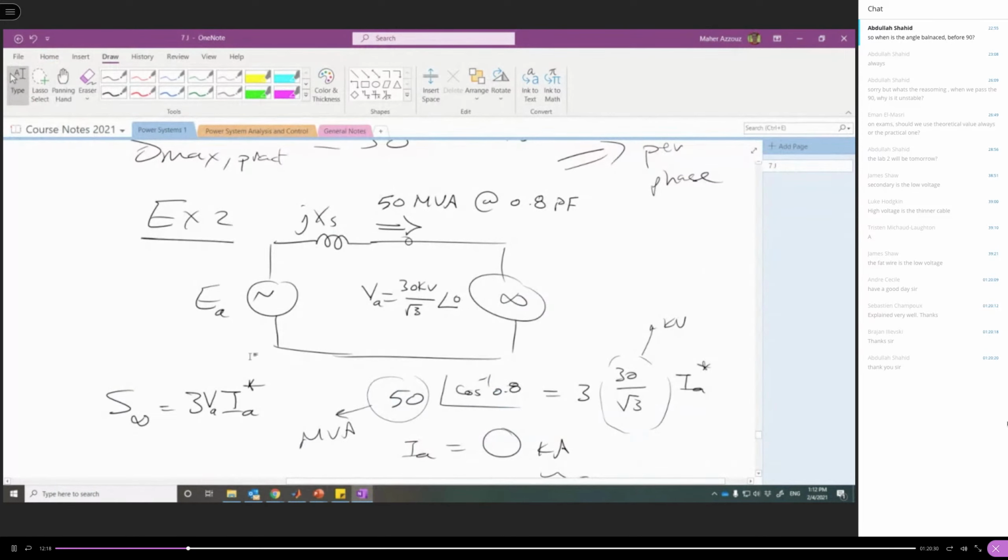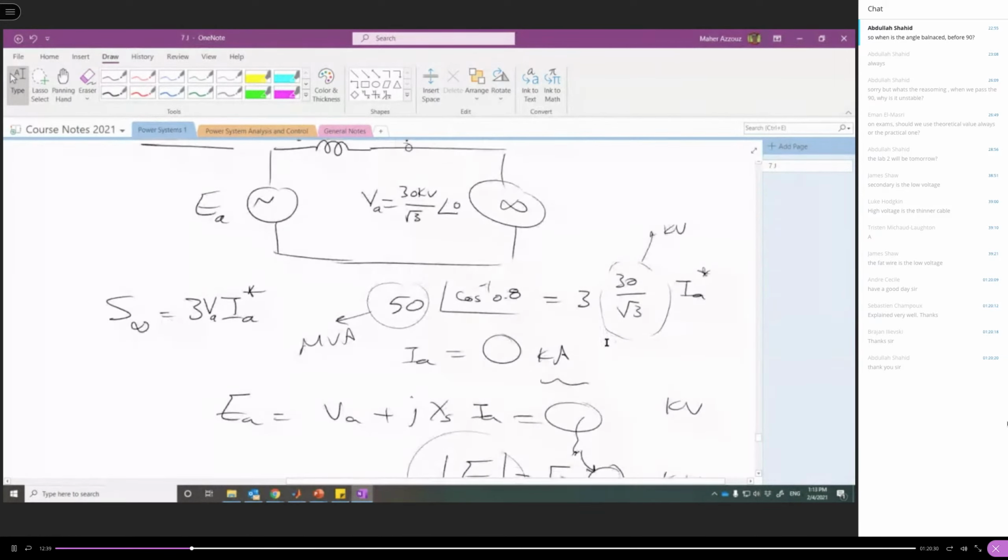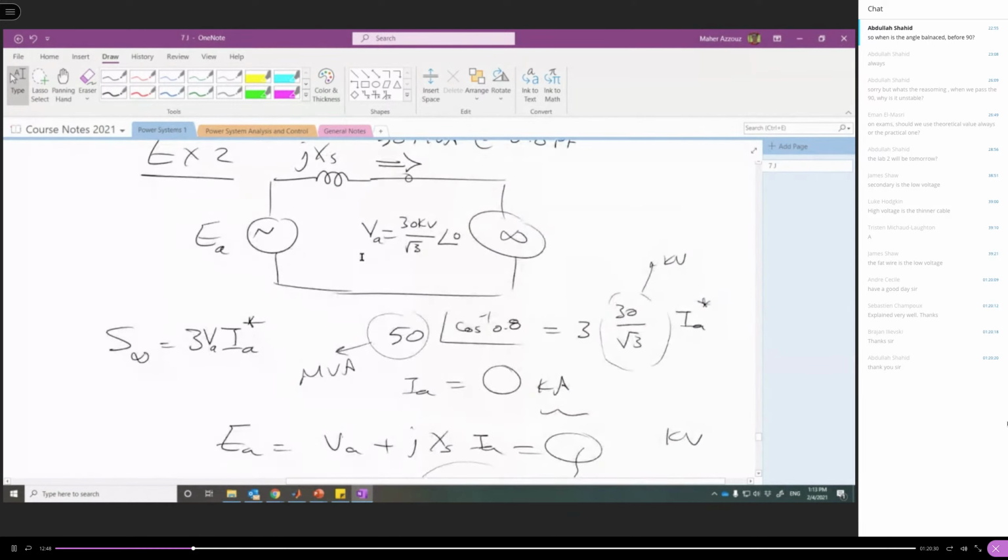So if we go back here to this example, we have the voltage, we have the power delivered to this infinite bus. The infinite bus is basically an ideal voltage source. We use it as a reference. So you can get S delivered to the infinite bus, and after that we know that this S is equal to 3 V I conjugate. We have the voltage, so we can get the current, and you apply Kirchhoff voltage law on this circuit.